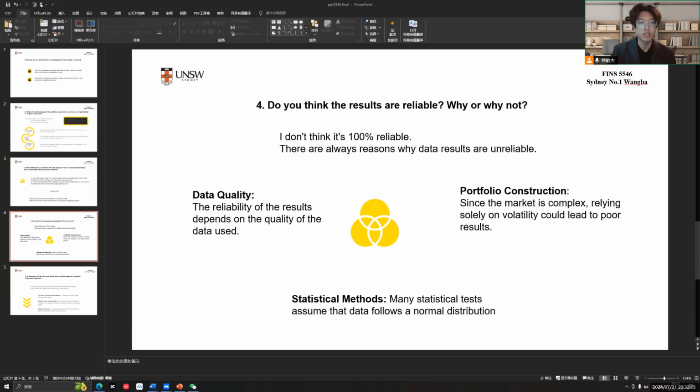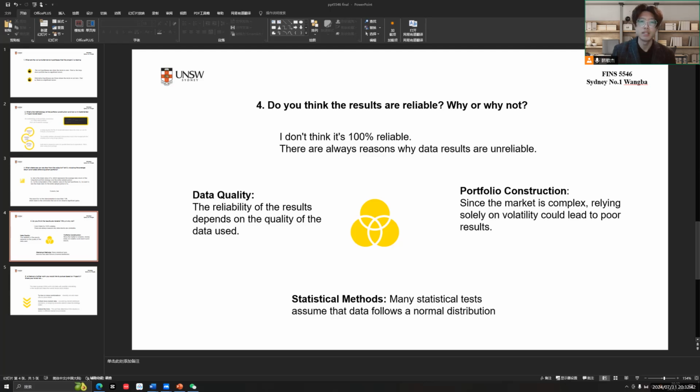First, the reliability of the result depends on the quality of the data used. If the data is incorrect, missing, or just incomplete, this can greatly affect the analysis and make the result less reliable.